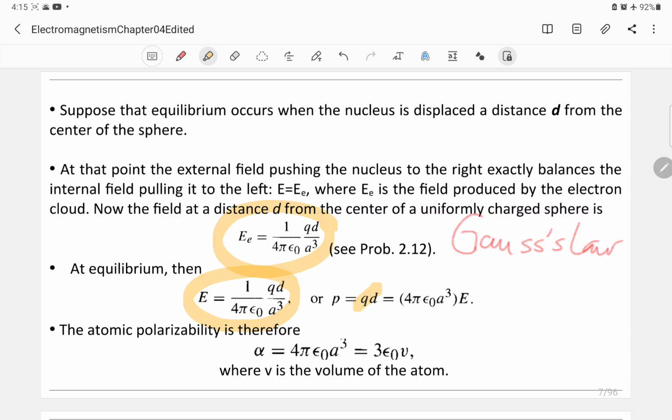So our atomic polarizability is just equal to this. You have alpha equal to 4 pi epsilon sub 0 a cubed, and V here is just the volume of the atom, which is 4/3 pi a cubed.